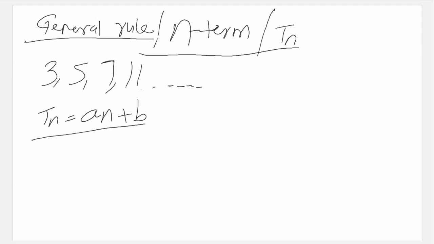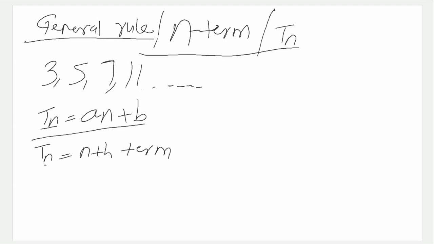So what is happening in this formula? Tn stands for the nth term. For n, I can replace it with any number.